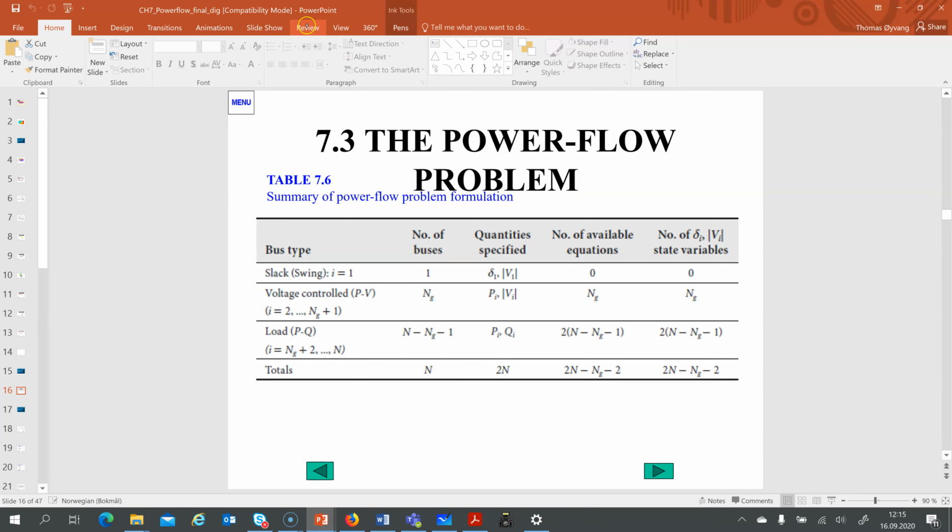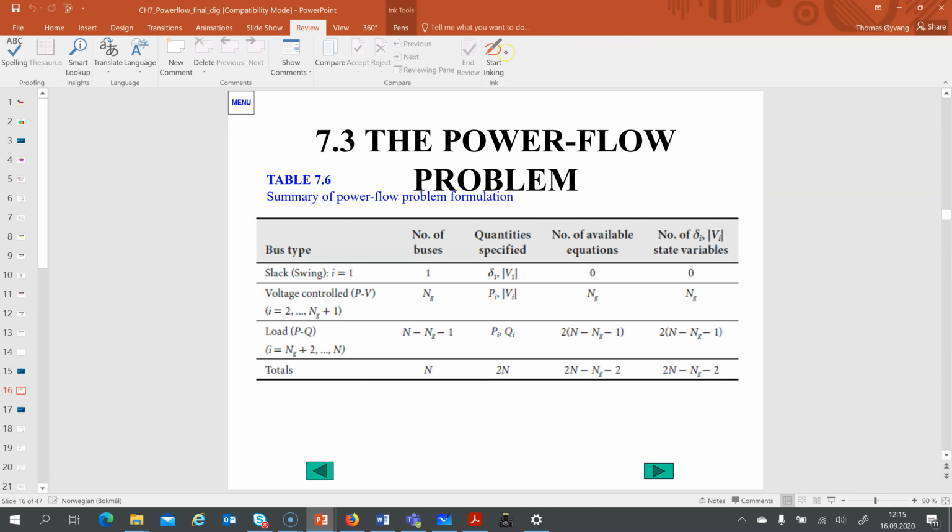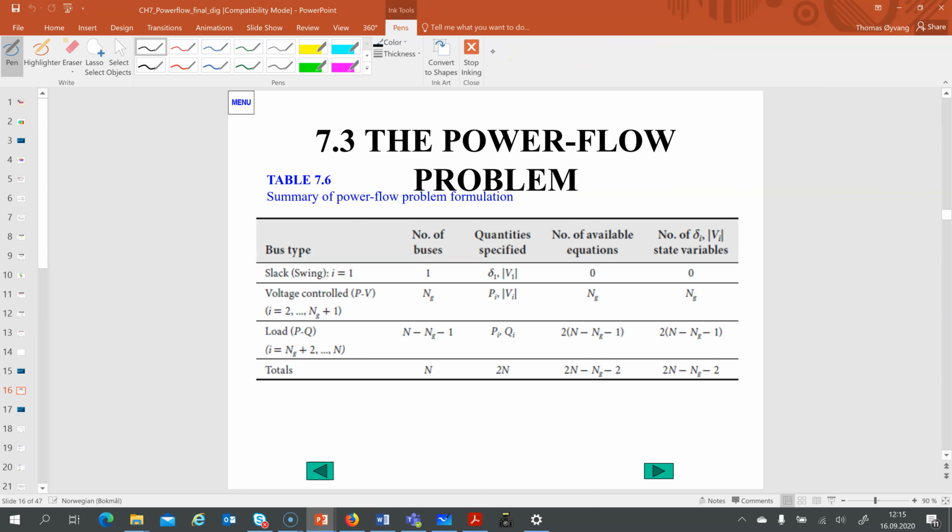So finally, let's just sum it up with this table as you have in your book. As I said, the bus types are the slack or swing, the voltage controlled bus and the load bus. Here we have a table: the number of buses, what is specified, the number of variable equations, and the number of angle and voltage state variables we need to find.